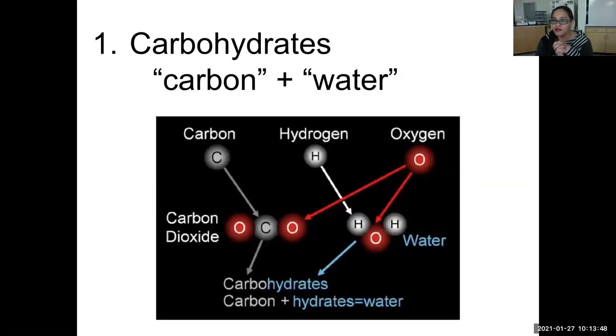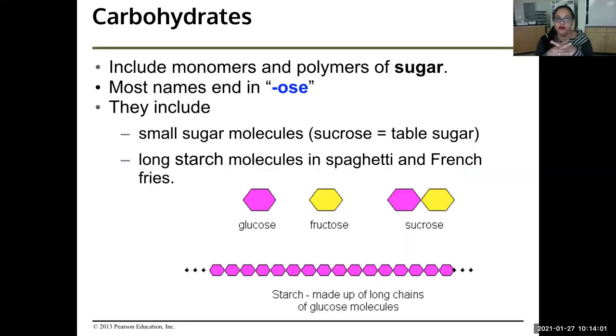Carbohydrates. The name literally means carbon plus water. Carbo plus hydrate, water. These include monomers and polymers of sugar. Most names of carbohydrates end in OSE.